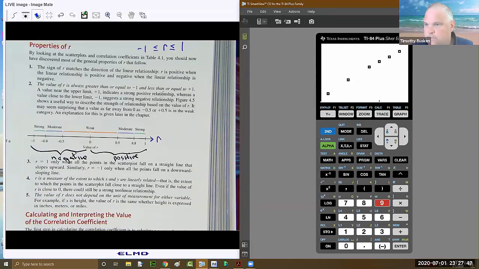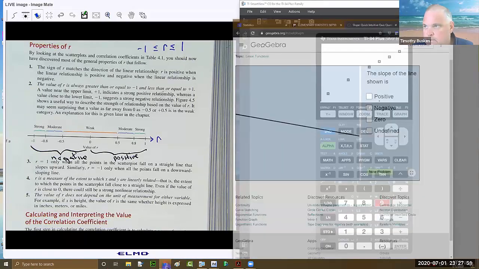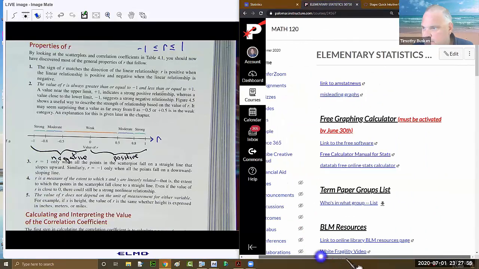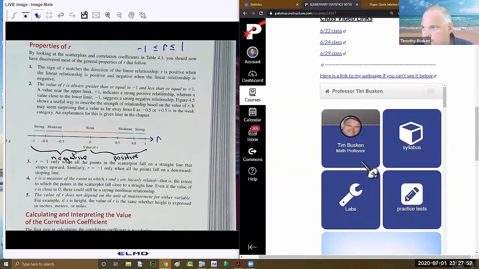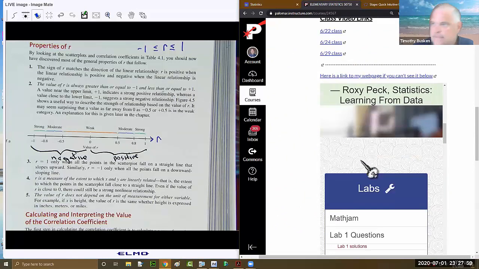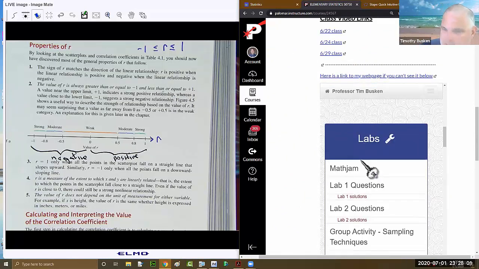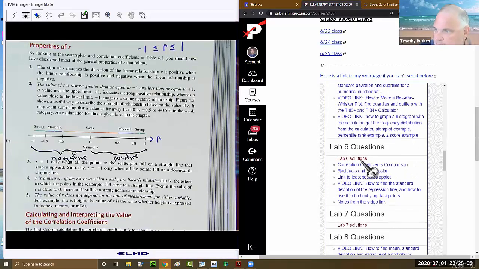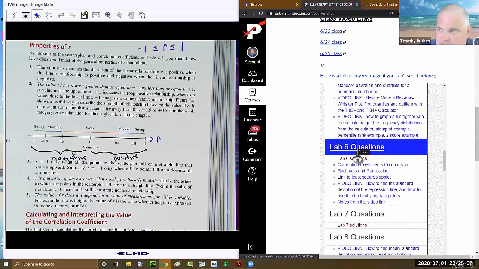So I'm going to navigate over to the course Canvas page, and I'm looking for my web page down here, down to the lab. Down here at the lab section of my web page, I'm going to take some problems from lab 6 right now, which is on correlation.